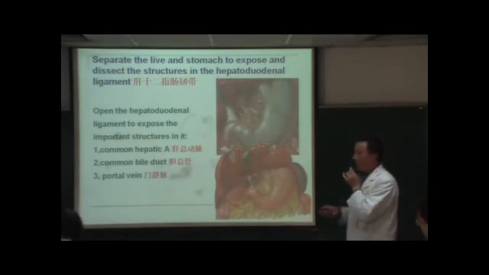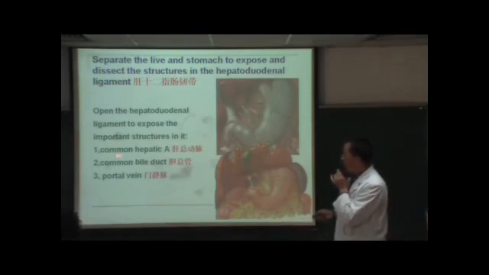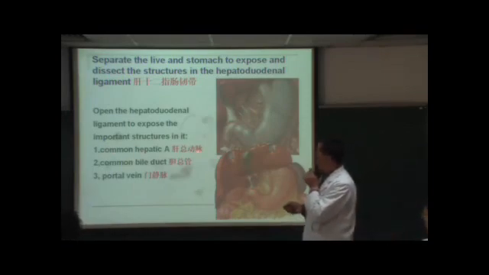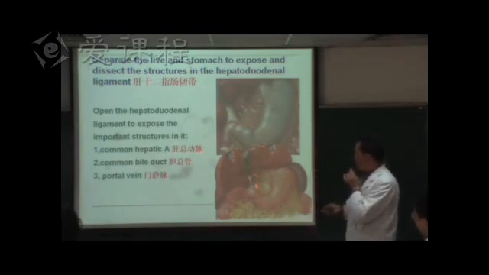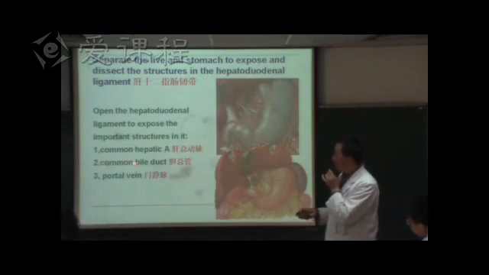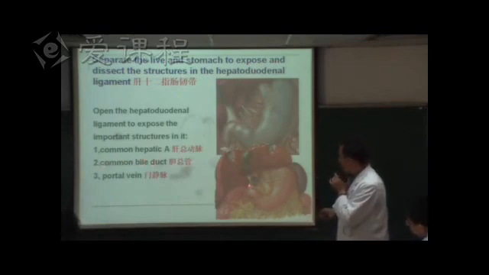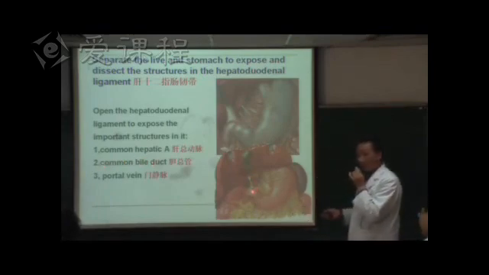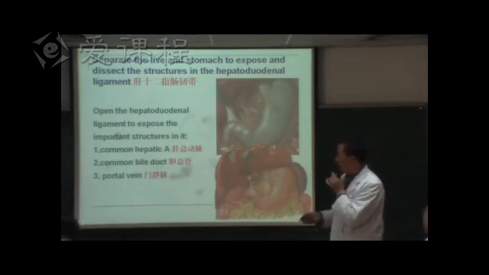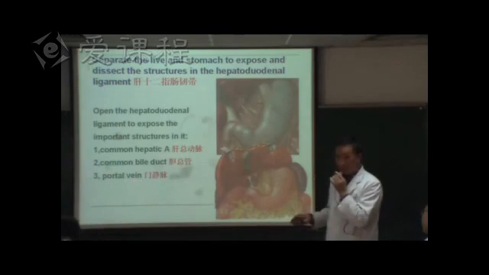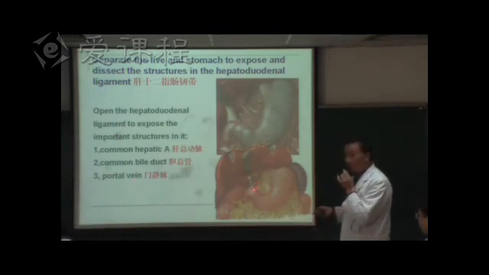Within the ligament, one is the common hepatic artery, the red one. And the second is the common bile duct, the green one. And behind these two structures is the portal vein, the blue one.